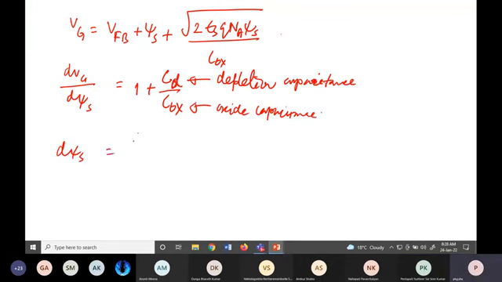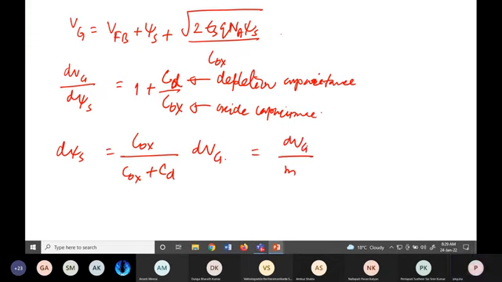So d psi s over dVg, and in the last class we considered this factor as m, so dVg by m.